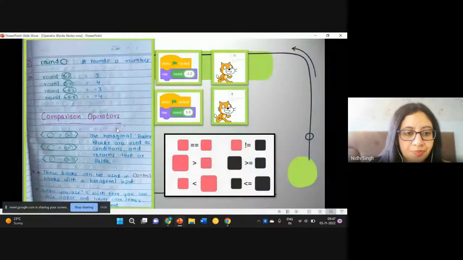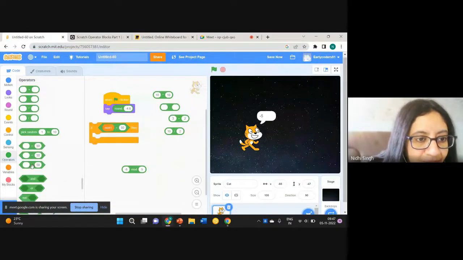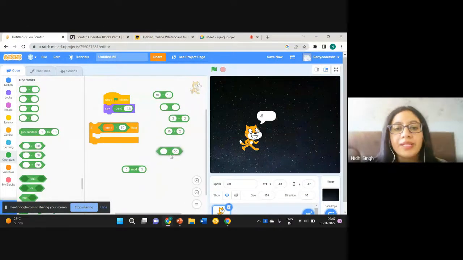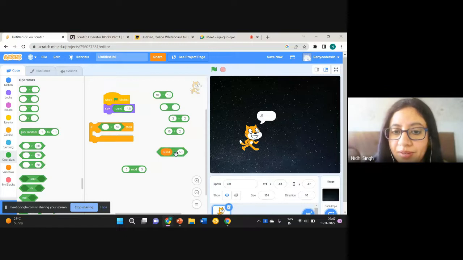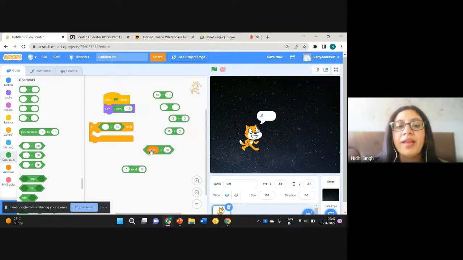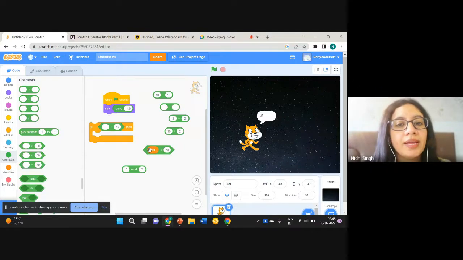All right. Now, another thing is if I'm taking this equal to. I told you in the second slide, we use it as an assignment operator. Assignment means the value 50 we are assigning to the variable num1.